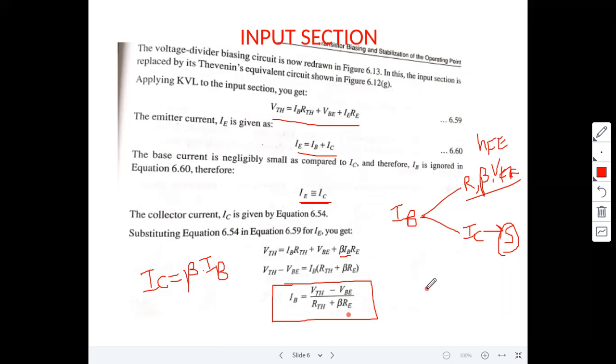Here it may be 1 plus beta, but beta is very much greater than 1, so beta into RE. So the base current IB is equal to VThevenin minus VBE by RThevenin plus beta into RE. Now what is IC? IC is equal to beta times IB. Simply multiply by beta. That's it, right?